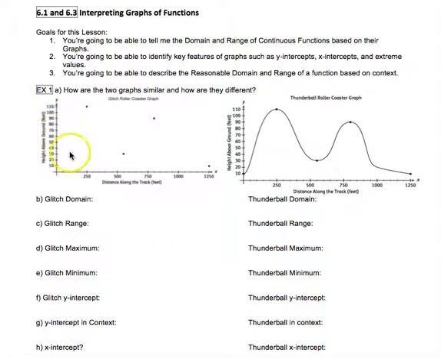So I think the most obvious thing is a difference, and that would be that the glitch is just points, whereas the thunderball has curves connecting the points.